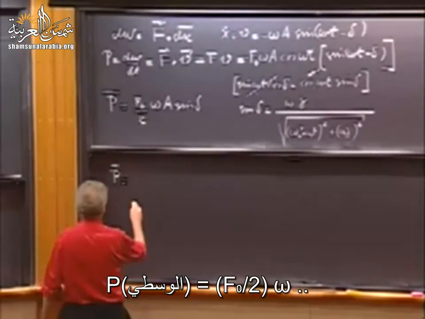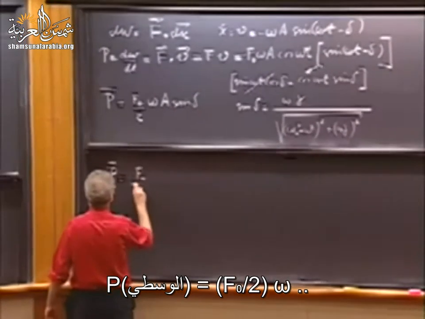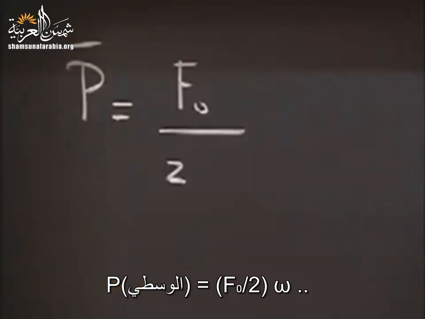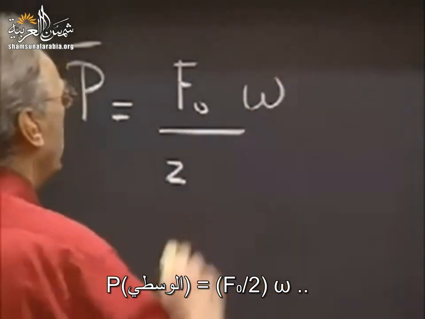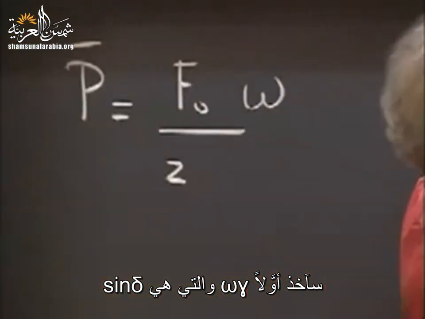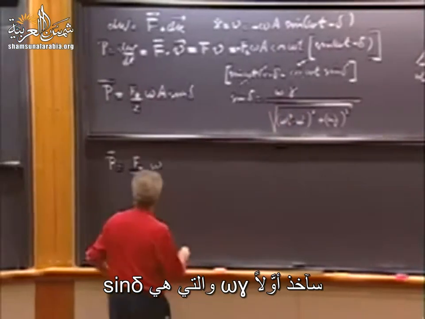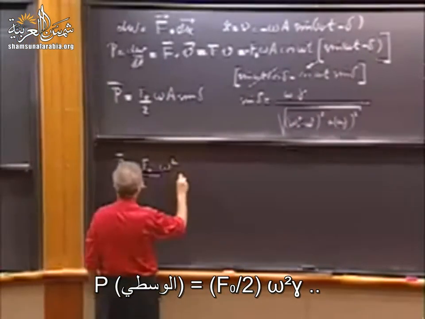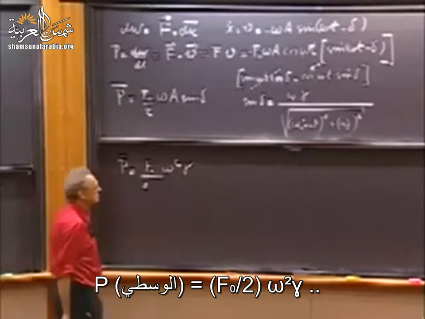So we get F0 divided by 2. I get an omega. I will go to the A very shortly. I will first pick omega gamma here, which is my sine delta. So that makes this a square, and I get a gamma.